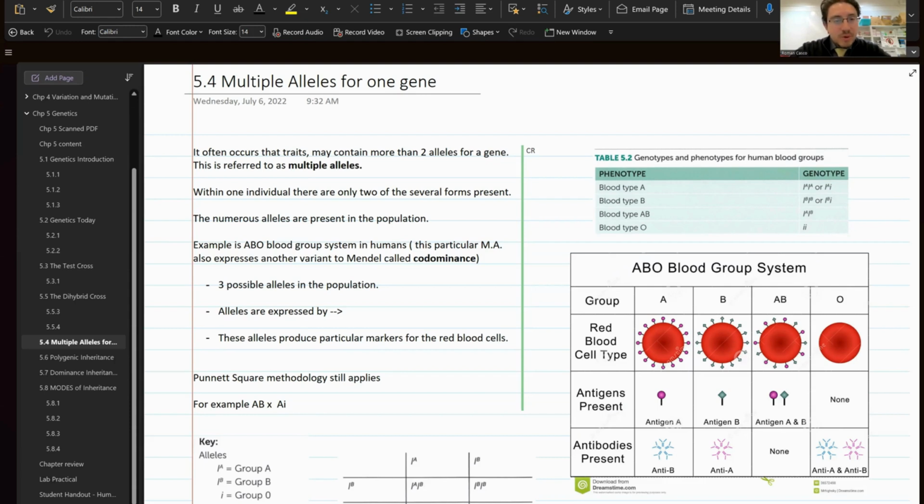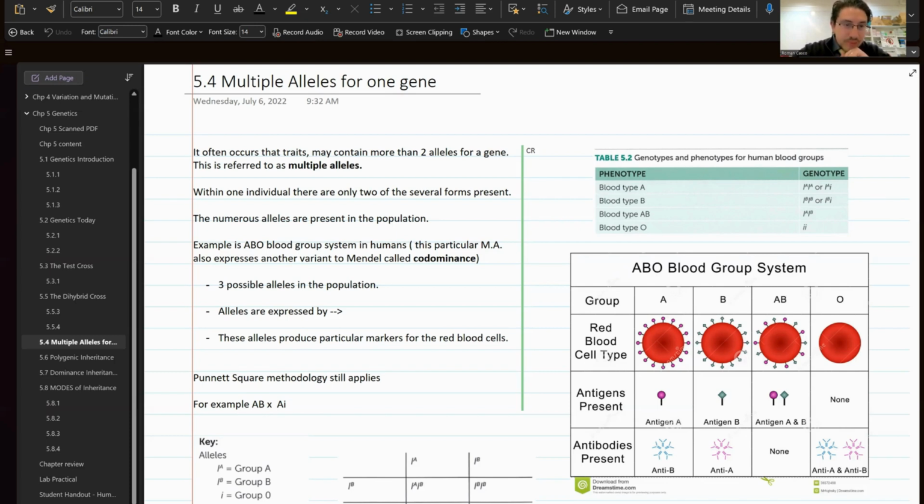This is essentially section 5.4 of the Western Nelson Biology ATAR textbook. All right, so multiple alleles for one gene. The name essentially tells you what's happening here. Sometimes particular traits can have various alleles for that given trait, and a famous example is the blood group system that we're going to take a look at.